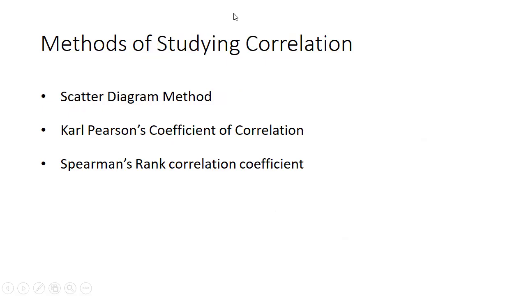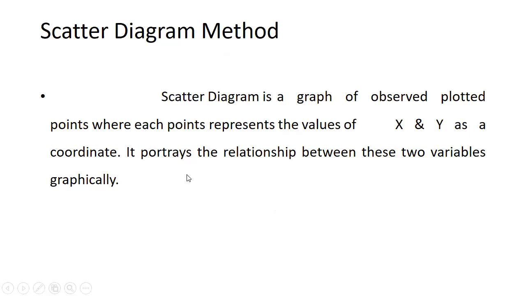Then the methods of studying correlation. We will study the scatter diagram method, the Karl Pearson method, and the Spearman rank correlation coefficient. First of all, we will study the scatter diagram method.